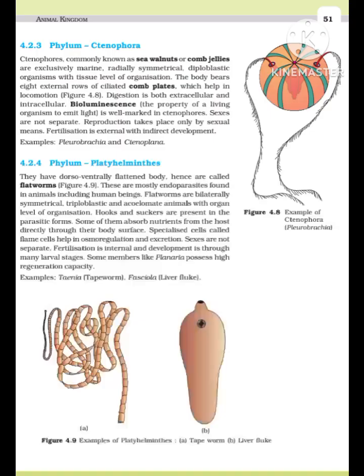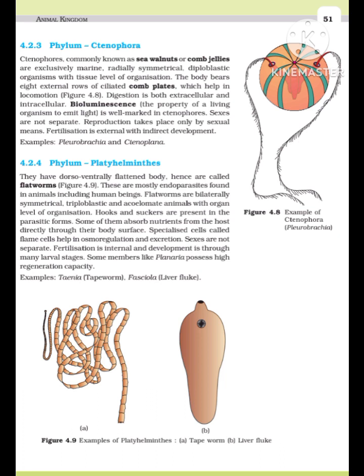4.2.3 Phylum Ctenophora. Ctenophores, commonly known as sea walnuts or comb jellies, are exclusively marine, radially symmetrical, diploblastic organisms with tissue level of organization. The body bears 8 external rows of ciliated comb plates, which help in locomotion, Figure 4.8.